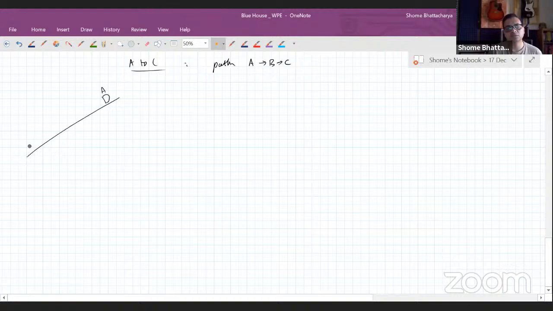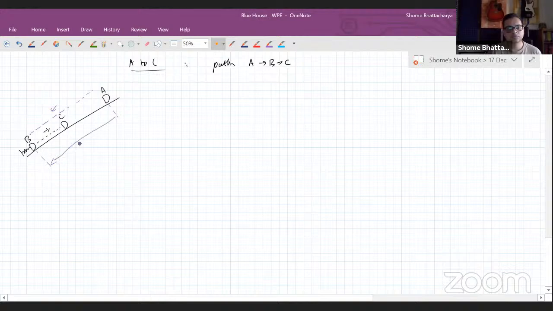Starting from A, it comes to the maximum compression position B, and then comes back to C. First it slid down all the way here.